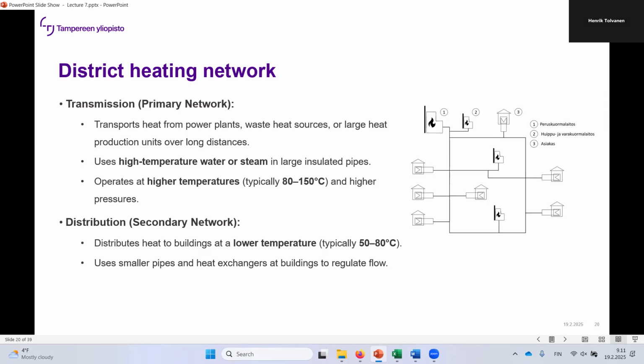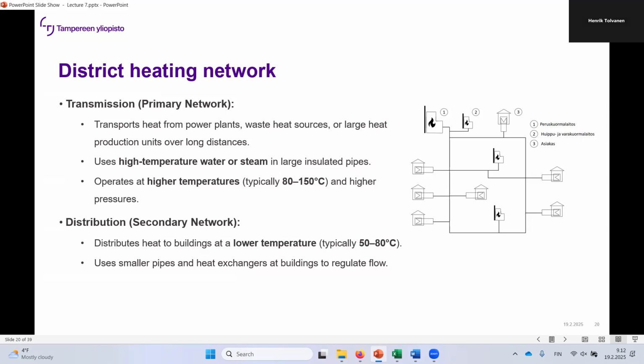But the transmission, you could say that it's the primary network. Transports heat from power plants, waste heat sources, and large heat production units over long distances. And long distance doesn't mean as long as in the electric system. So this one is much more localized.